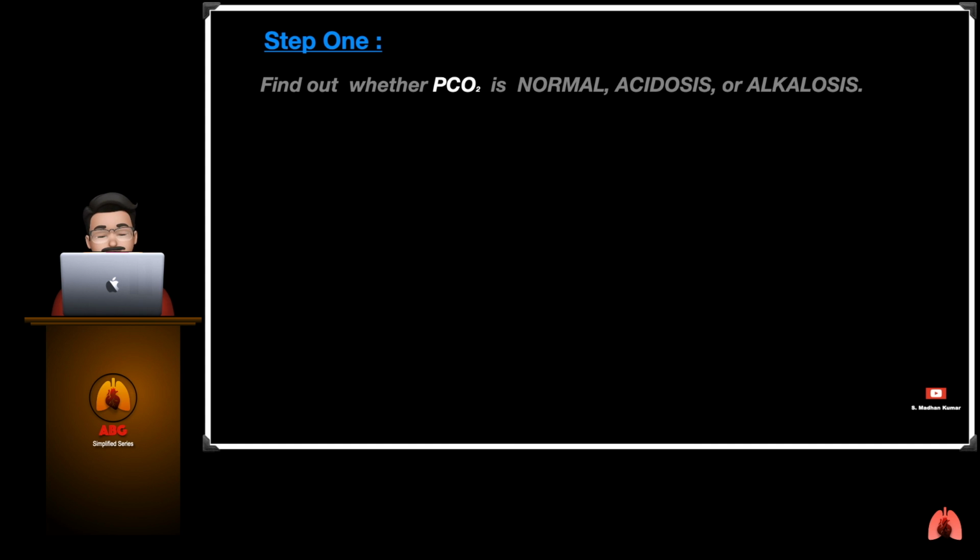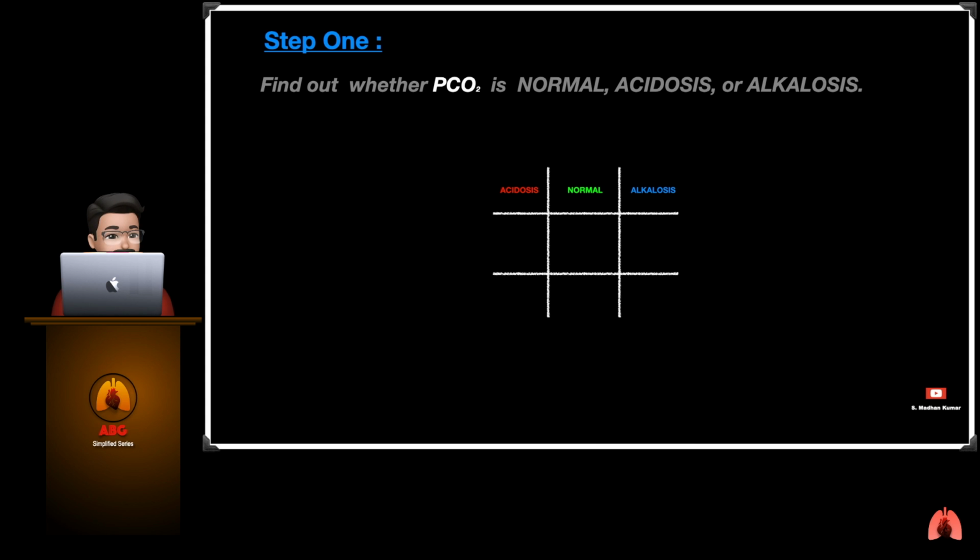Now, with the value of PCO2, we have to determine whether it is normal, acidotic or alkalotic. Draw the table. If the PCO2 value is in the range of 35 to 45, it is considered normal. So place the PCO2 underneath the normal column.